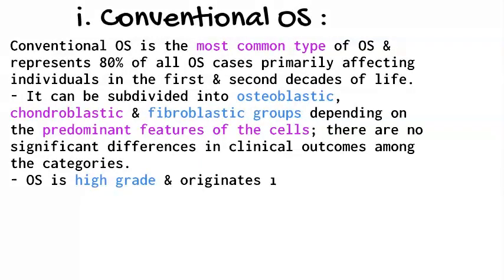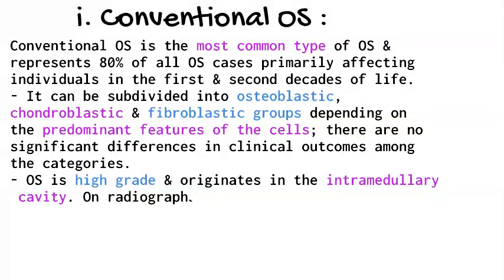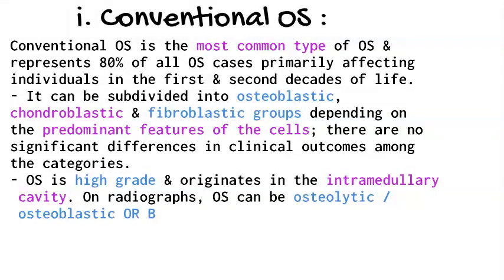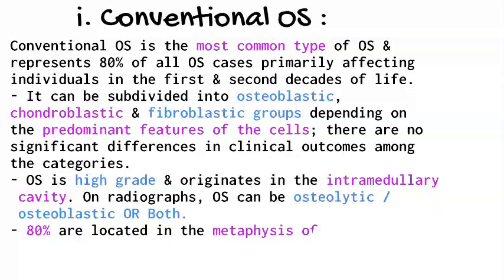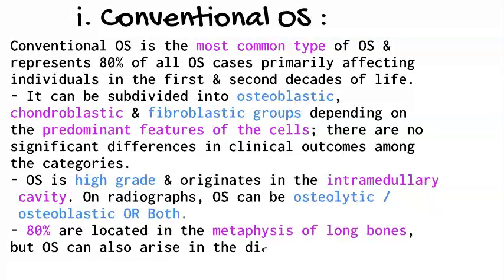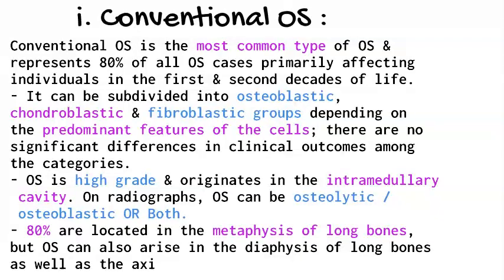Osteosarcoma is high-grade and originates in the intramedullary cavity. On radiograph, osteosarcoma can be osteolytic or osteoblastic or both. 80% are located in the metaphysis of long bone, but osteosarcoma can also arise in the diaphysis of long bones as well as the axial skeleton.